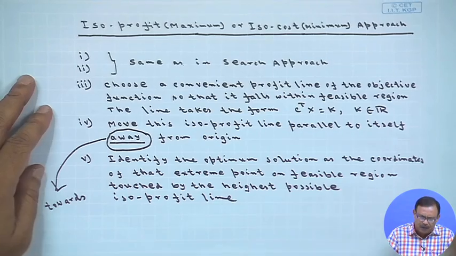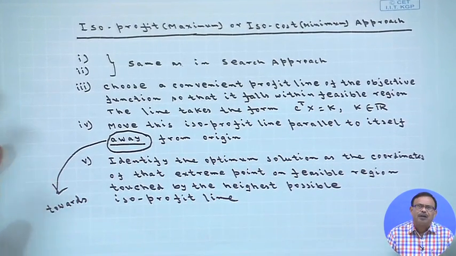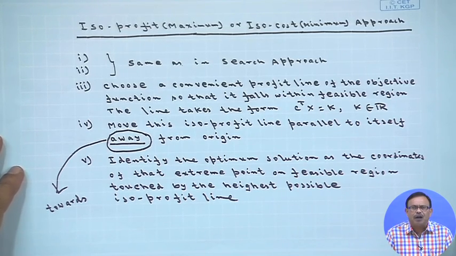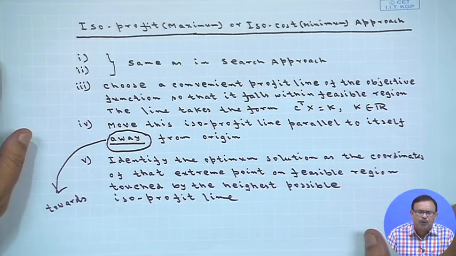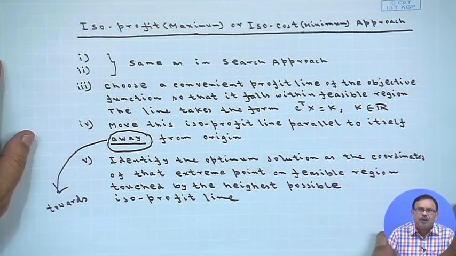So, this I will explain with an example. For finding the solution of an LPP graphically, we will go through both the search approach as well as the ISO profit or ISO cost approach. The same problem we will solve in both ways, so that you can understand how it works.